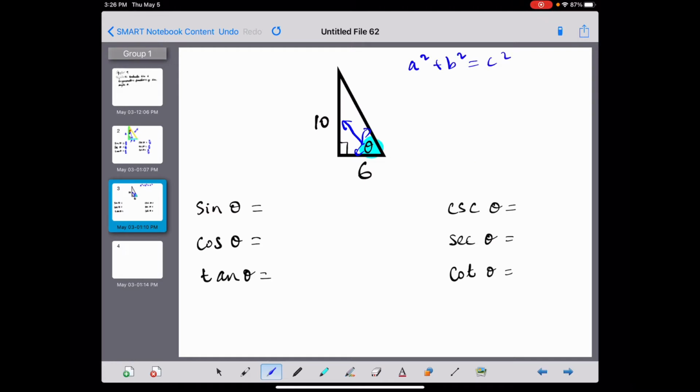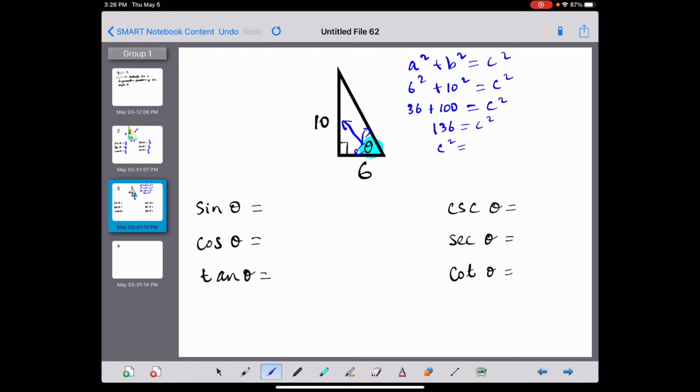A and b are the legs, and c is the hypotenuse. Now plug it in. We have 6 squared plus 10 squared equals c squared. 6 squared is 36 plus 100 equals c squared. 36 plus 100 is 136 equals c squared.